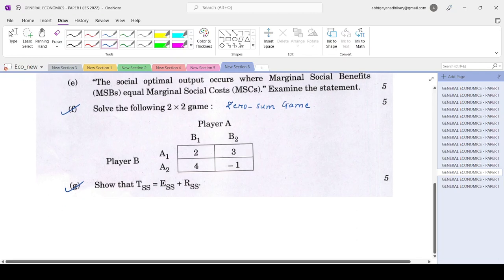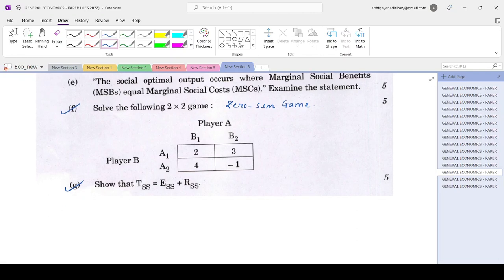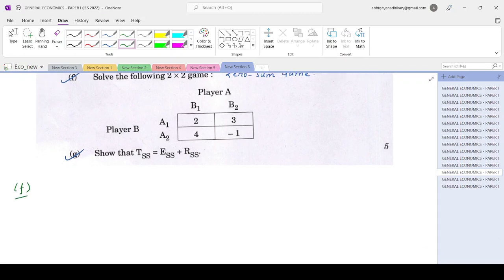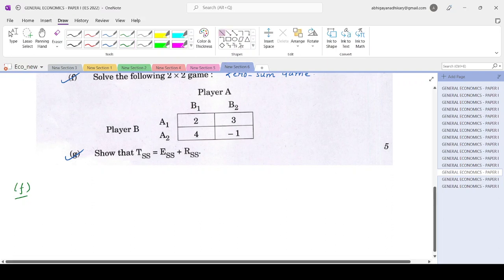We can understand that easily. So we'll try to implement the minimax theorem to get to the answer. So part F. How do we do that? Let me just draw out this payoff matrix once more.